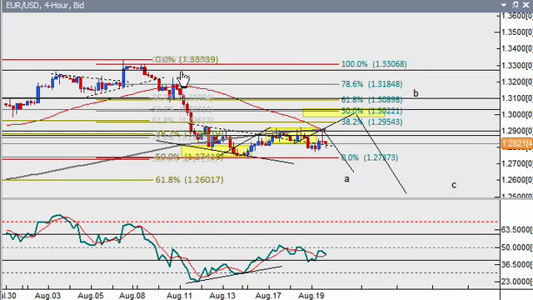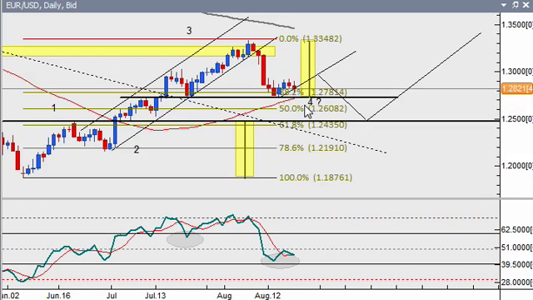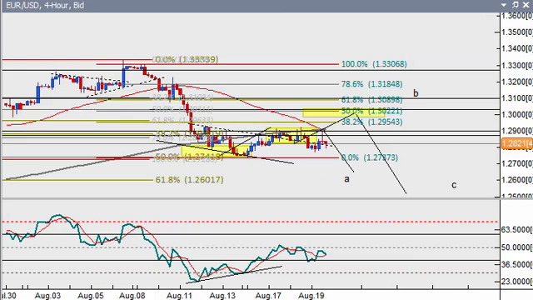So here we had this impulse wave down. Not sure if wave 5 has completed. I prefer the count that we're still in wave 4 of this impulse wave down, which is your wave A of wave 4.